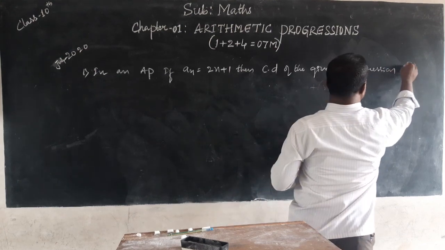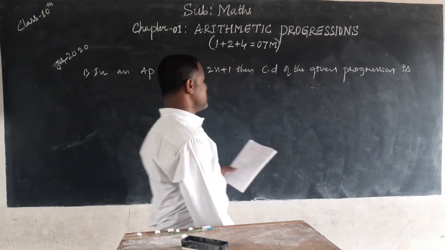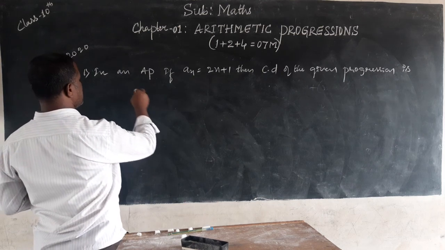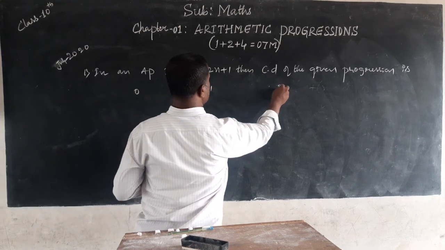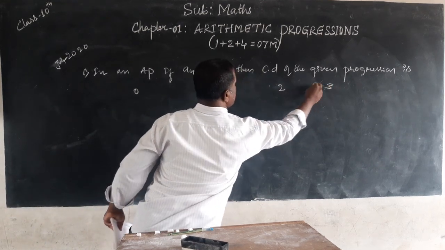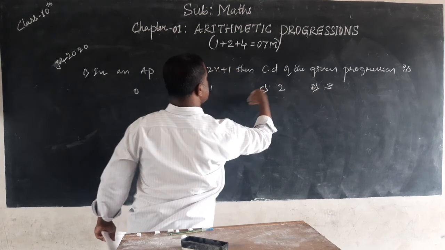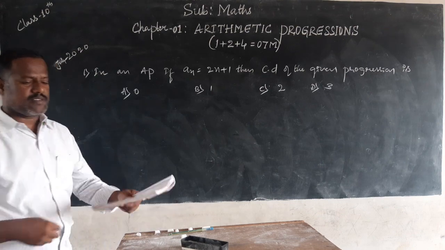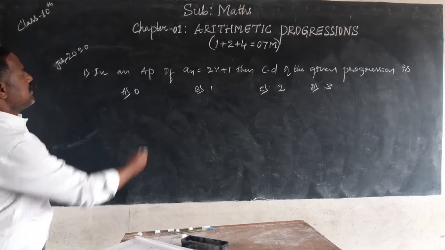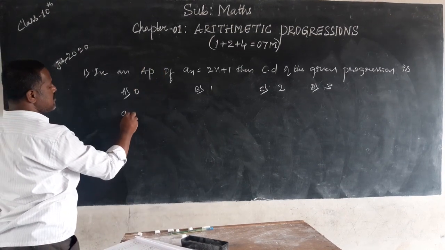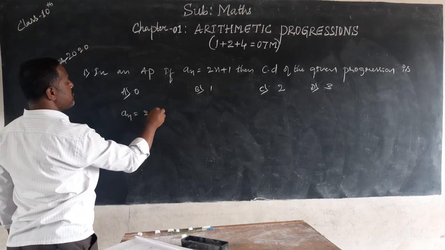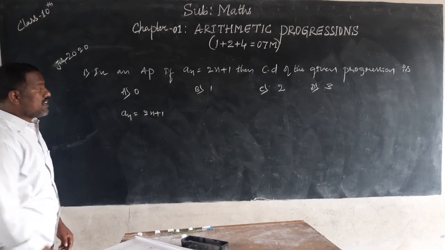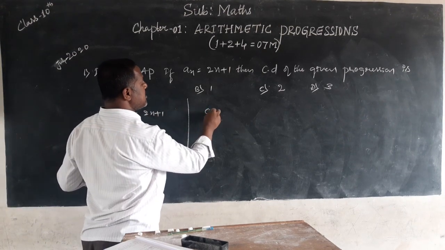this is one more question. They are given options 0, 1, 2, 3. So D, C, B, A. It's a very simple question. Let us take out the AN. AN is equals to 2n plus 1. So what is the formula for CD?